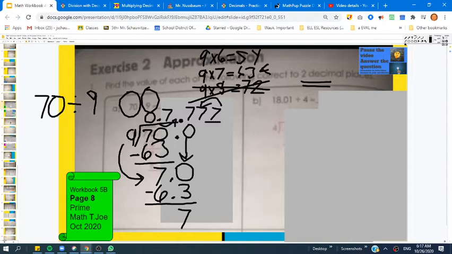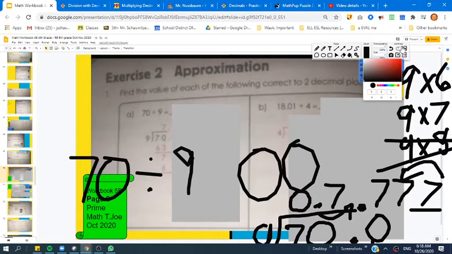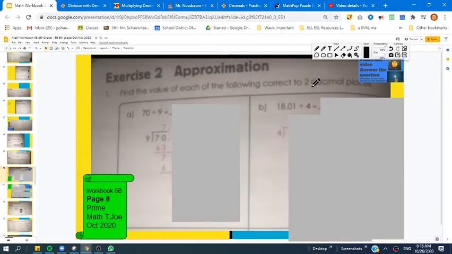Let's get rid of everything on the screen so that I can show you this answer. Let me just erase everything on the screen. Here we go. Okay, so my answer, boys and girls, is going to be approximately, remember, approximations are just the number that's a little bit easier to understand, 7 and 78 hundredths.